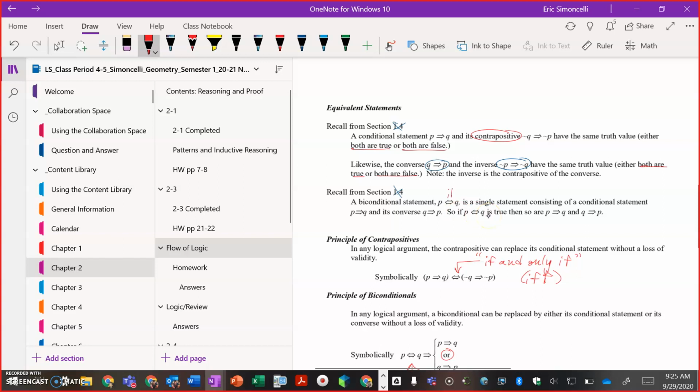When I use if and only if, or IFF, in the context of this type of situation, please note that I may use this depending upon the situation, or I may use that. Principles of contrapositives: in any logical argument, the contrapositive can replace its conditional statement without a loss of validity.